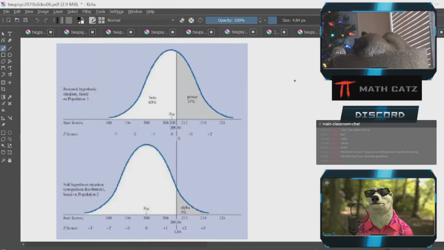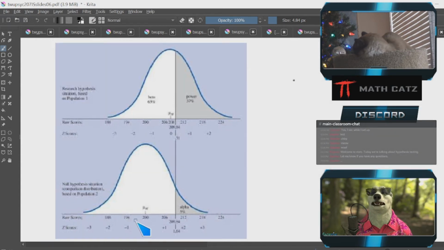So we start with the, let's say, the reference, the base comparison distribution. See where the cutoff is based on alpha. Then if the research hypothesis is true, then our true distribution is actually sitting around our predicted sample mean.